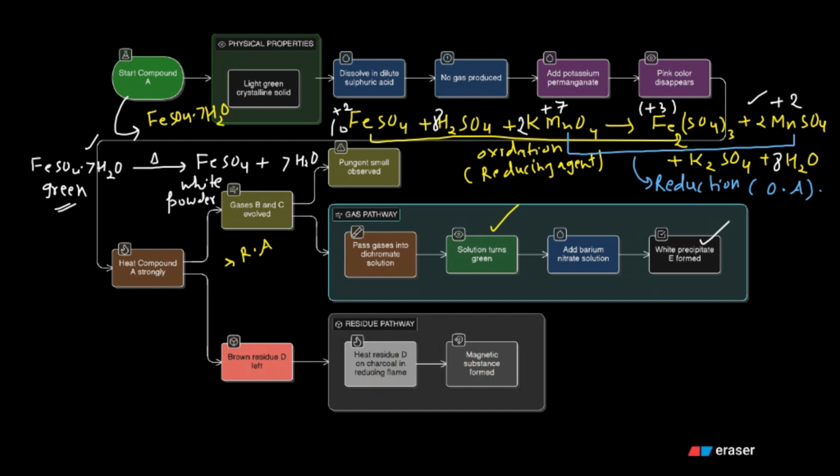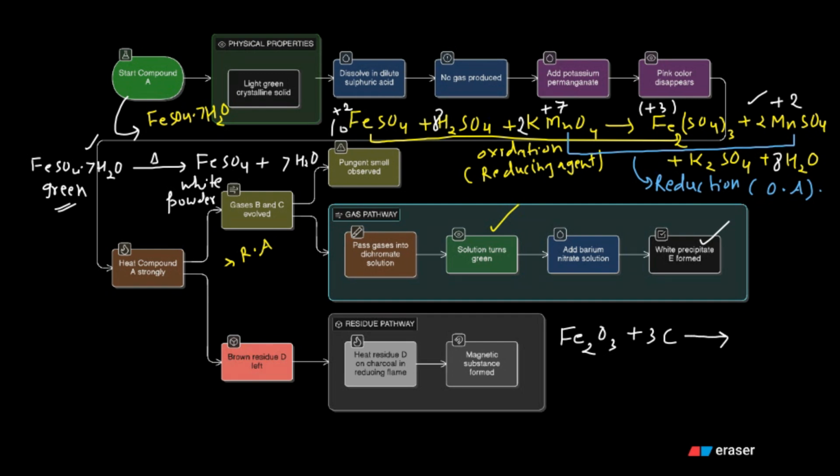So how can we form the magnetic substance? For this, you need to understand the reaction. Your D was iron oxide, Fe2O3, and you are heating it with charcoal in a reducing flame. Please remember, in a reducing flame.